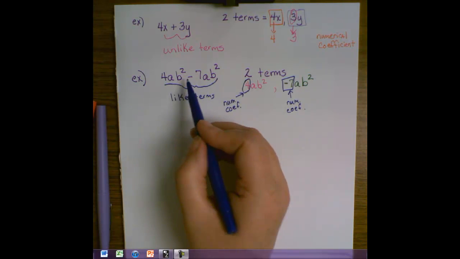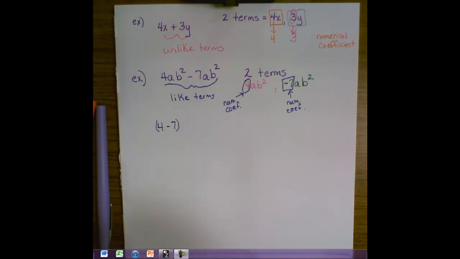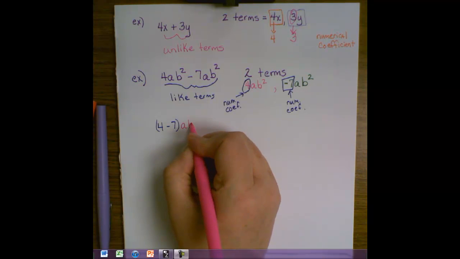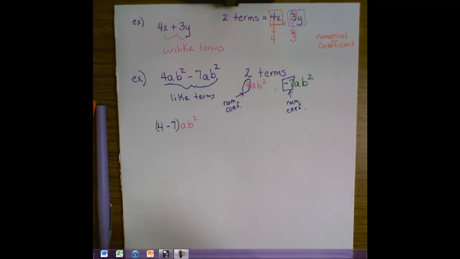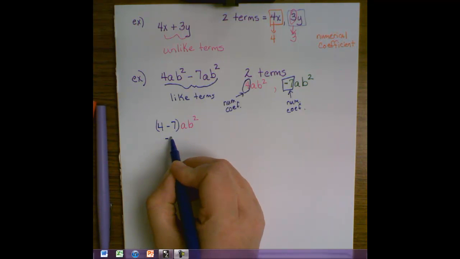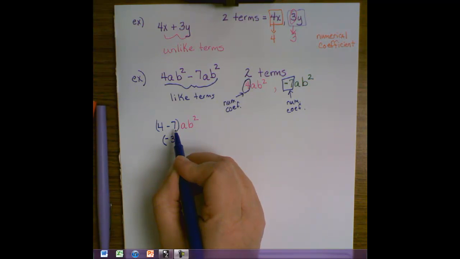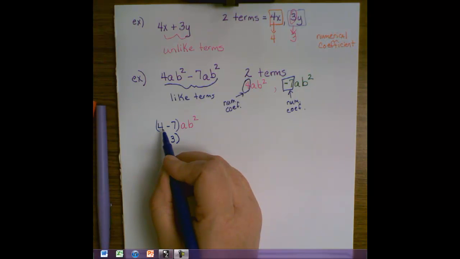So if we wanted to add these, we would look at 4 minus 7 ab squared. 4 minus 7 would be a negative 3. The signs are different, so that means we subtract and keep the sign of the larger absolute value, or what I like to call the stronger number, because negative 7 is further away from 0 than 4 is.